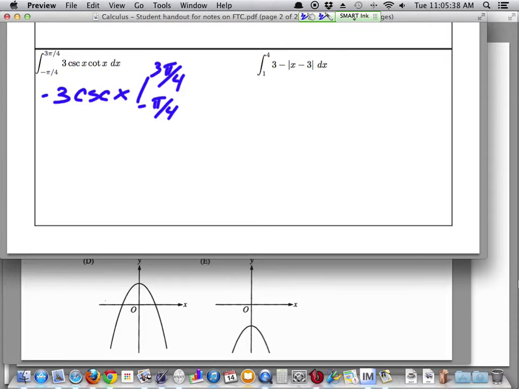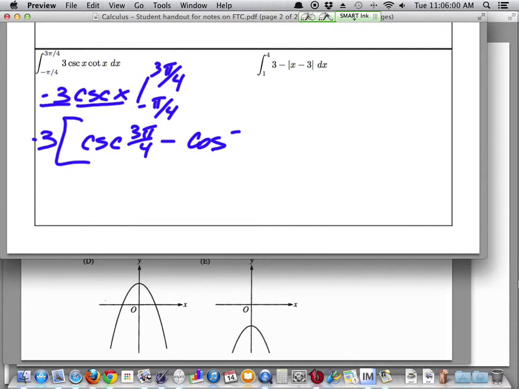All right, what do I do next? Plug in. Now, this -3 right here, I'm going to move that -3 to the front, and that way when I plug in, I only have to deal with the cosecant. So when I plug in, I'm going to have cosecant of 3π/4 minus cosecant of -π/4.